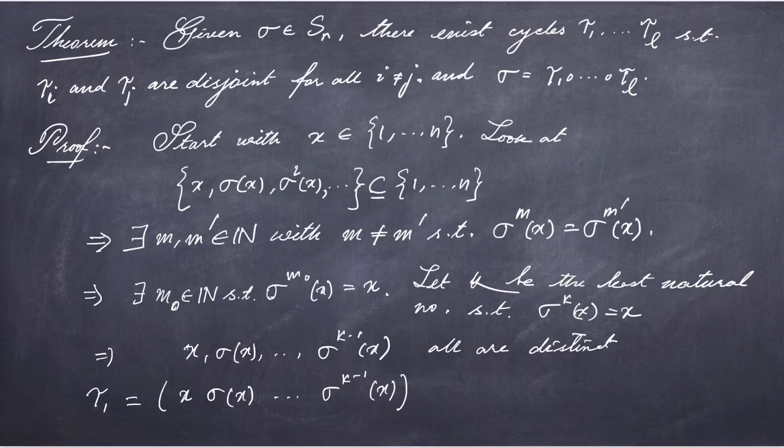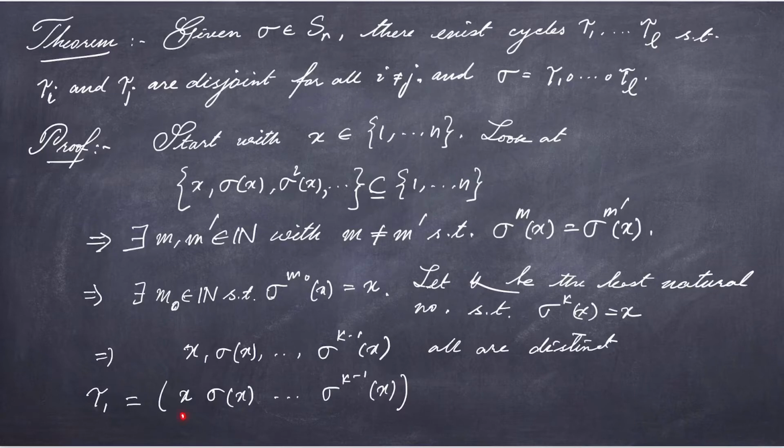That challenges the minimality of k. So once we have obtained that these are all distinct, we will consider tau 1 to be this cycle. What is tau 1 doing? Tau 1 is permuting these elements exactly in the way sigma permutes them, and tau 1 leaves everything else fixed.